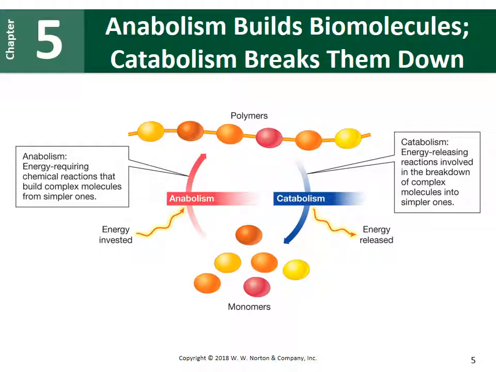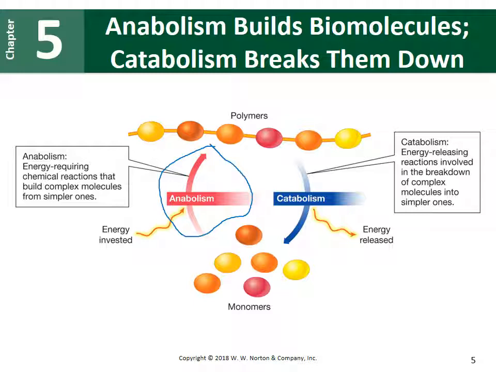So these reactions that we're looking at, when we do a reaction that we're investing energy into it and creating things, that's called an anabolic reaction. So that's over here in this red on the left. So an anabolic reaction, we need energy to go into that reaction. We take monomers or building blocks.